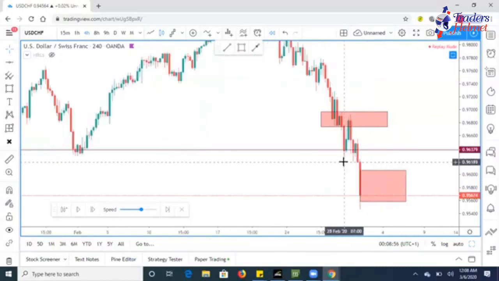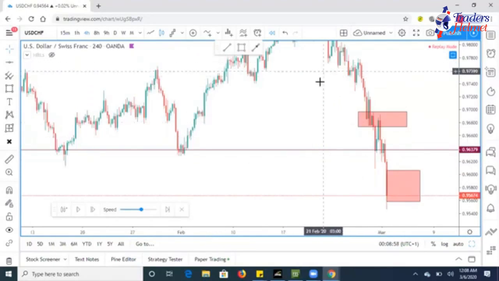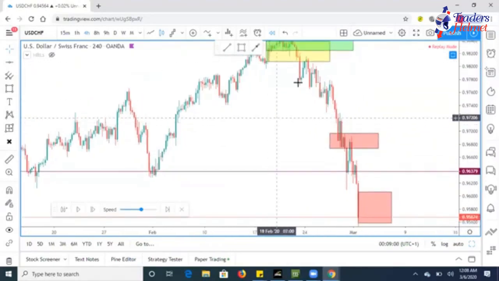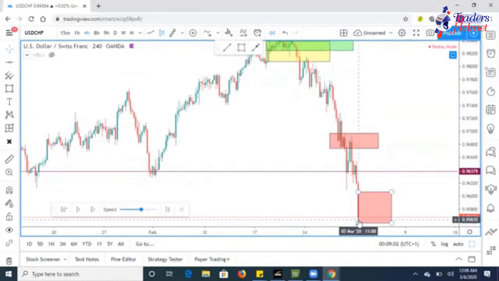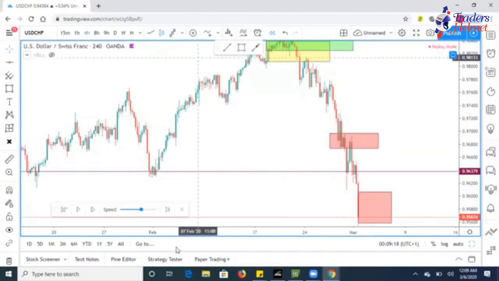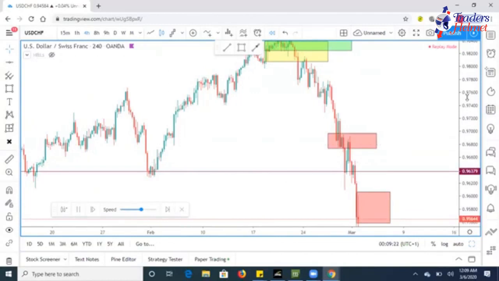Using this strategy, we only trade in the direction of the dominant trend. So we would have been looking for sell opportunities, not buy. Notice how price dropped right the way down after I retested that point, and up till now price is still dropping.